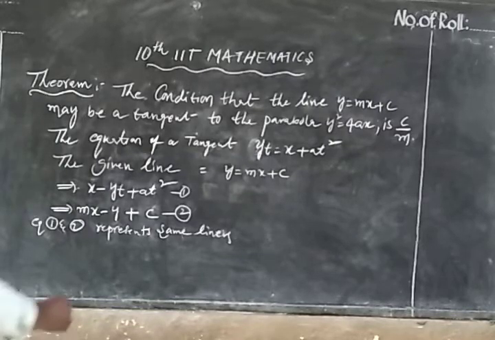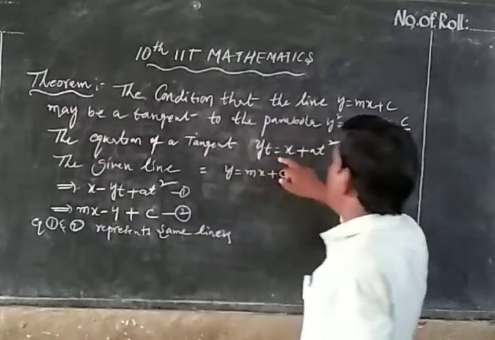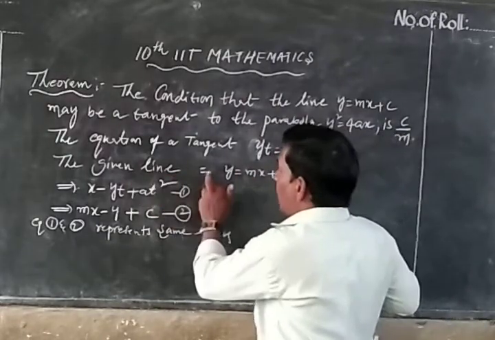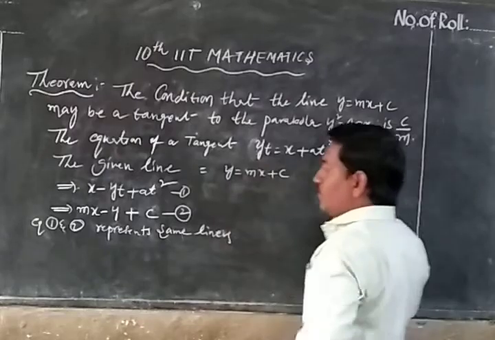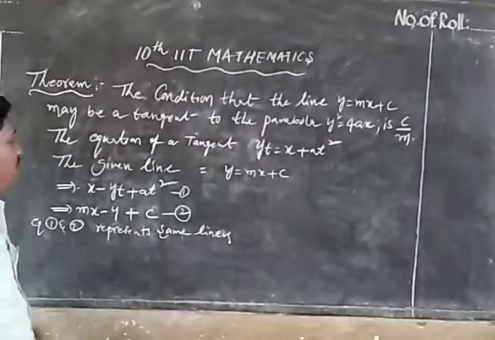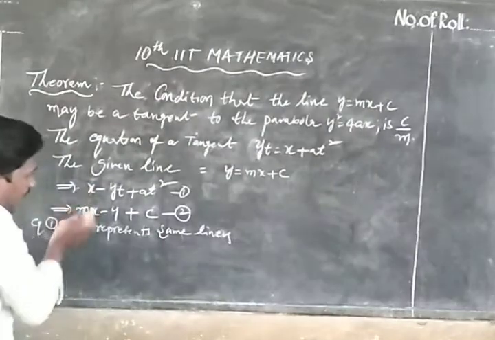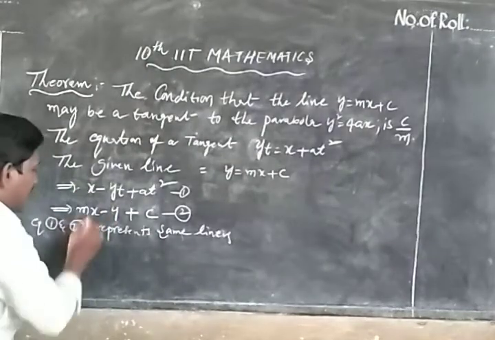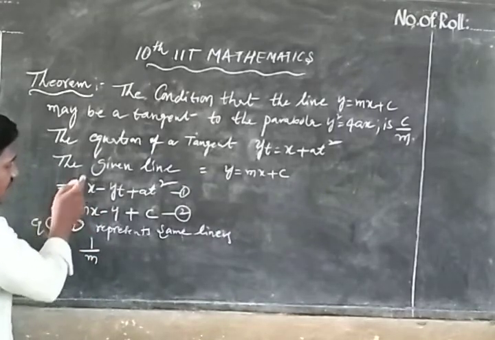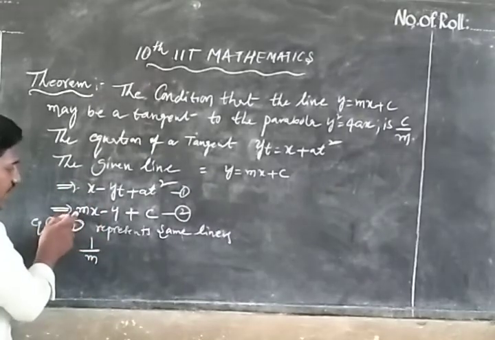Okay. What is the first equation? yt equal to x plus at square. It is the equation of the tangent. The given line is y equal to mx plus c. So, equation 1 and equation 2 represent the same line. That's why, compare the two equations. What is the x coefficient? 1. What is the x coefficient here? m.